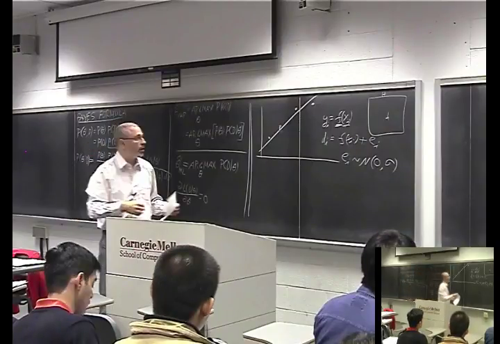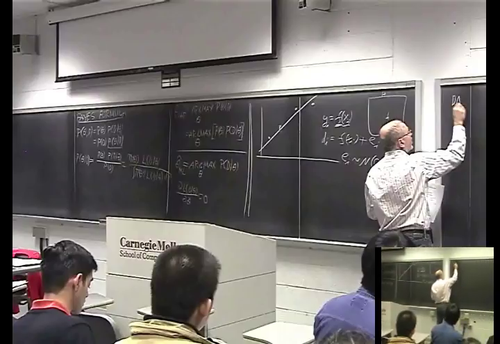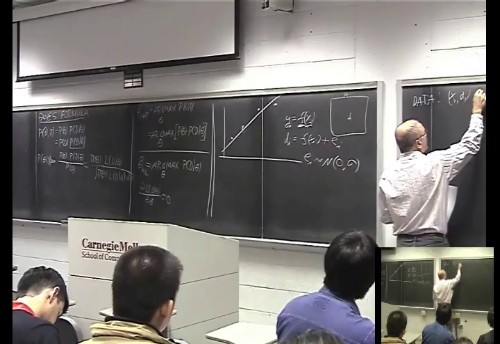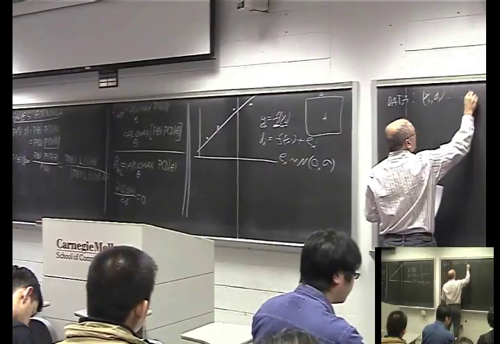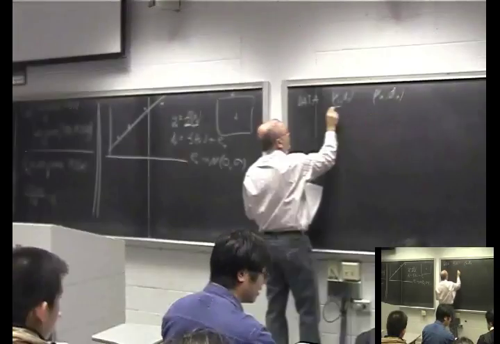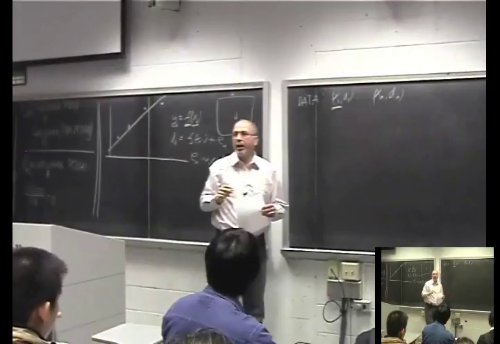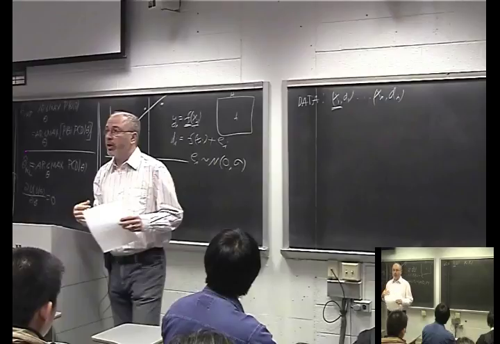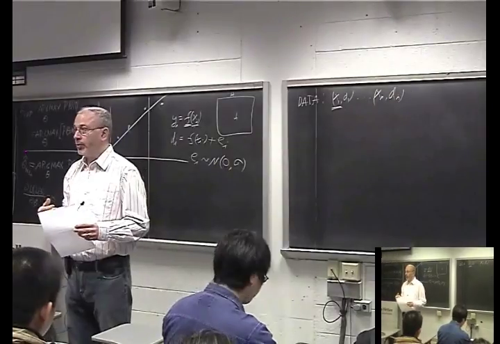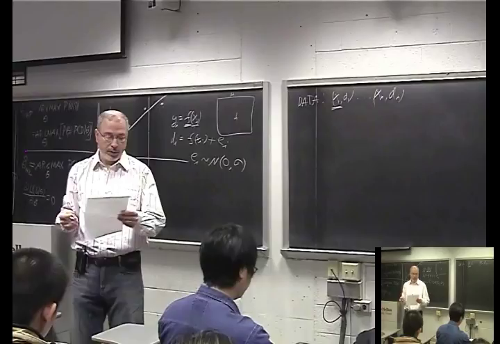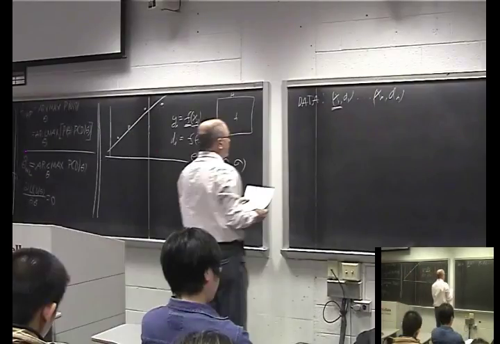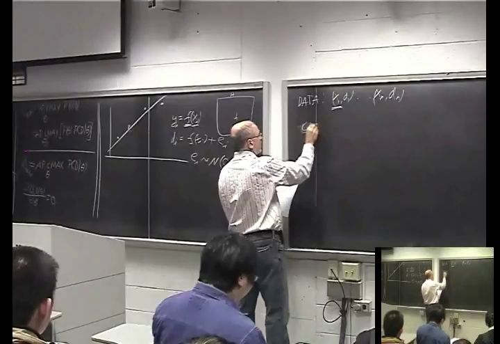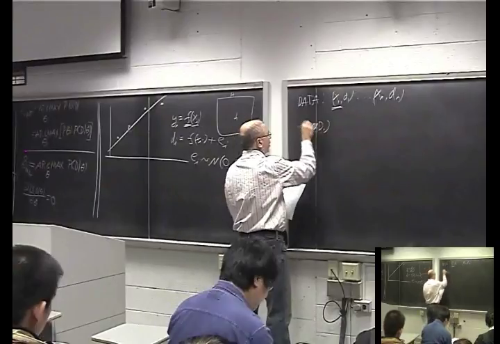So the data consists of x1 d1 through xn dn, but we're not defining the likelihood to include generating the x's, but only generating the d's given the x's. This is called conditional likelihood, but it's likelihood nonetheless. So we'll write the expression for the likelihood, or I'll call it explicitly conditional likelihood.